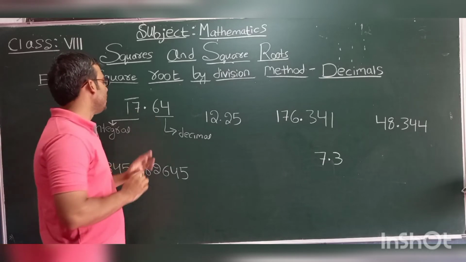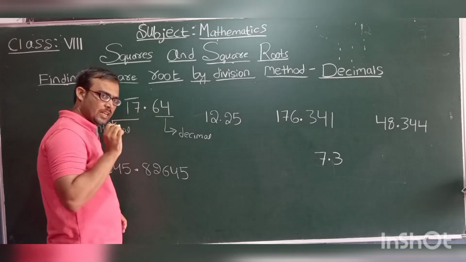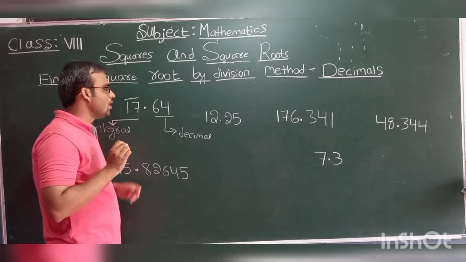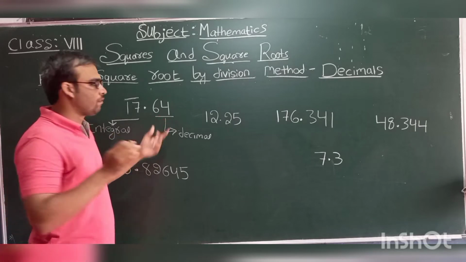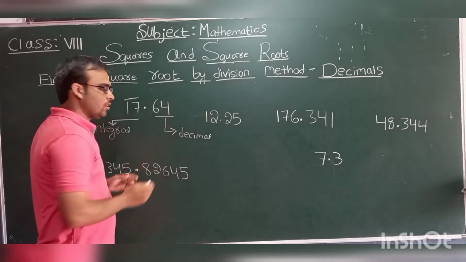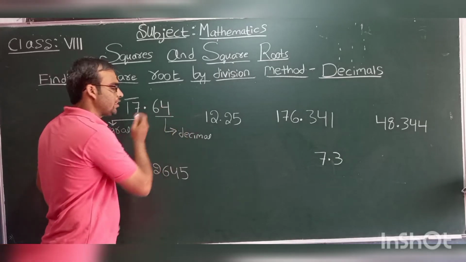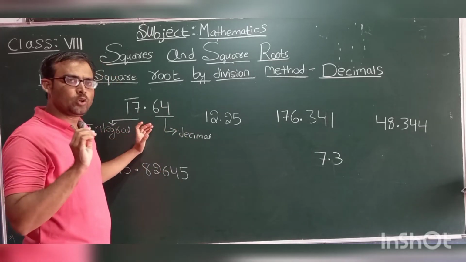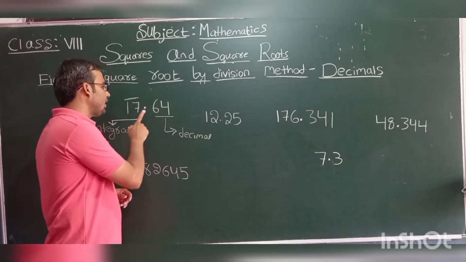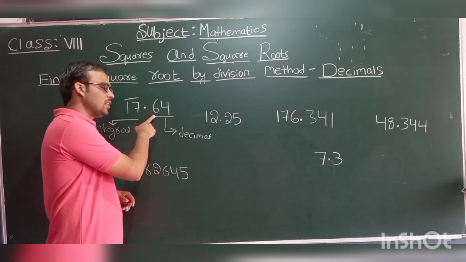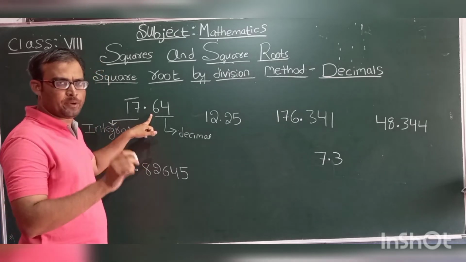Starting from the first decimal place, you should not place the bar from the last digit. Instead, you need to place the bar from the first decimal place. Here the first decimal place is 6. From here you need to place the bar over every pair of numbers.